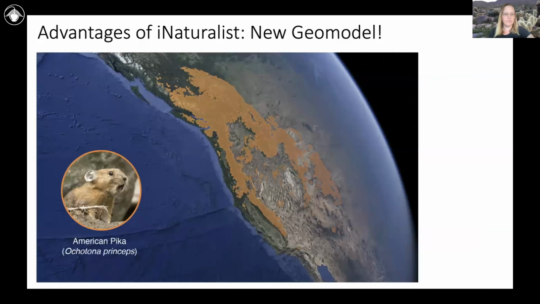And then this is another thing that's really cool. It was just announced, I think this week, that iNaturalist has developed a new geo model. It used a system of grid cells before to predict observations. So in addition to the images of the plants used in the machine learning model, it's also using geographic location and elevation to try to predict what species may occur where.